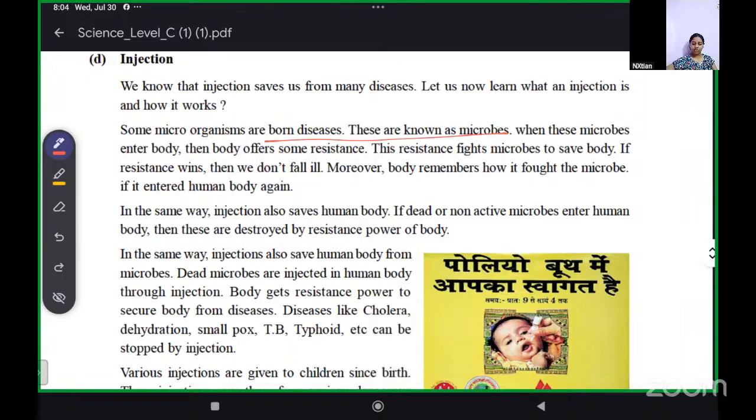Now, are there any injections given for dengue or malaria? There must be injections given for them. You have to look up what injections are given for dengue and malaria. Are they antibodies, or immunity?